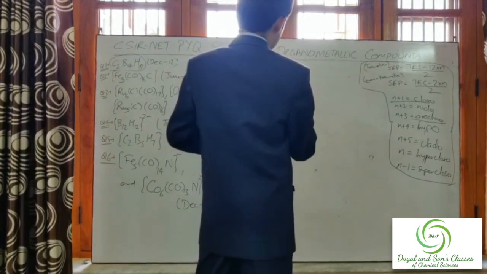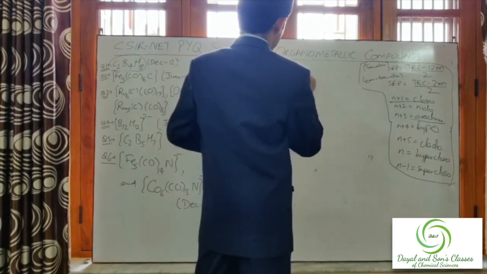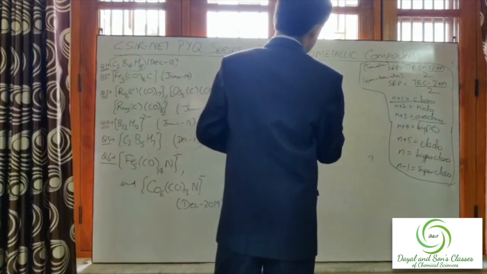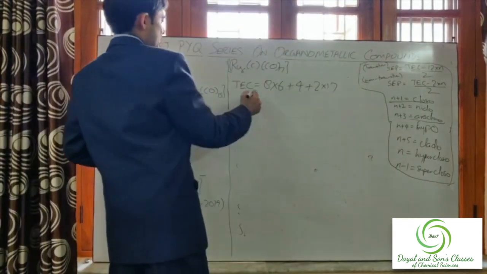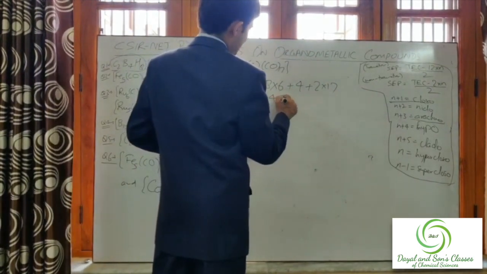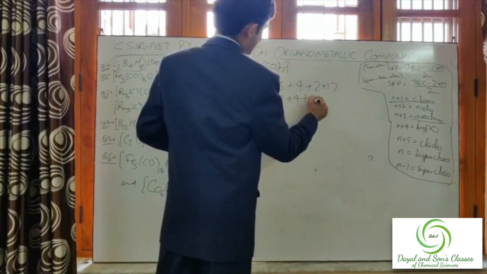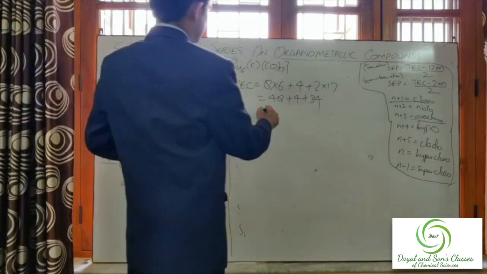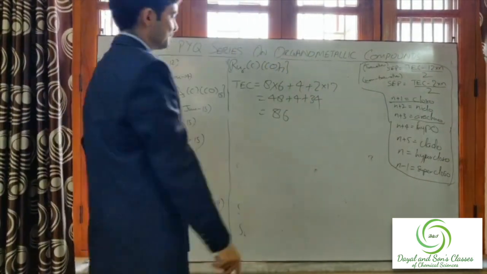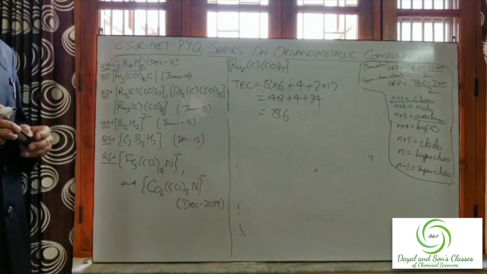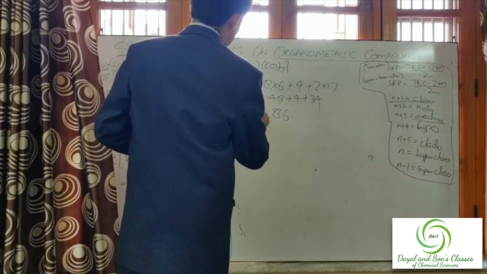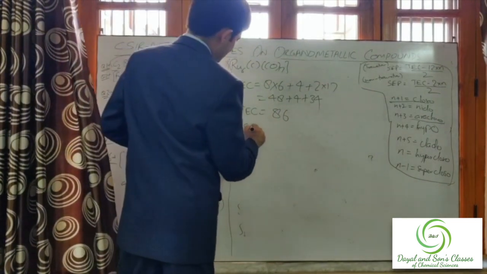There is 1 carbon, it will contribute 4. Plus there are 17 carbonyls, each contributes 2, therefore 2 into 17. This comes out to be 48 plus 4 plus 34, which is 86. TEC will be 86. Now let's see SEP.